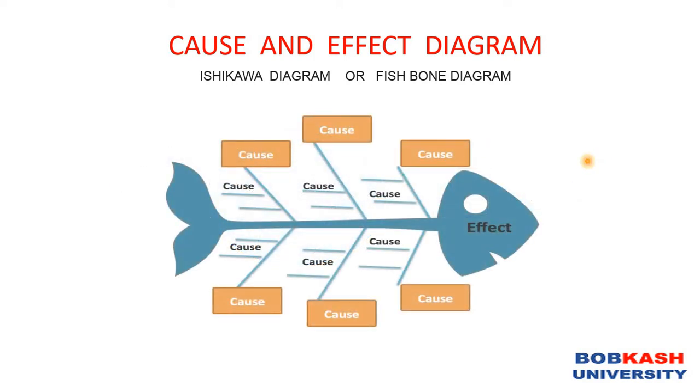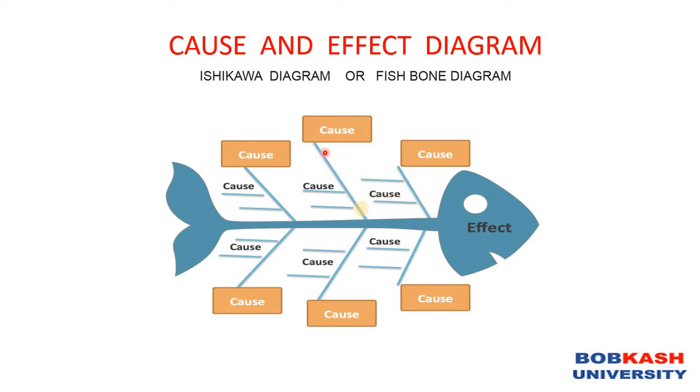So we normally represent it like this. Now you can see this looks like a fishbone. That is why it is called a fishbone diagram. You write the problem or the effect here, because the problem is what you see. Because of the causes, you write cause 1 here, cause 2 here, cause 3 here. And each cause can have a further sub-cause. So you write the sub-cause here, sub-cause here.